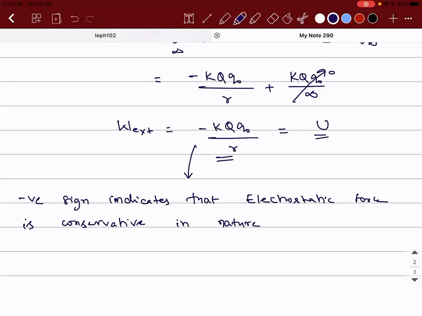Examples of conservative force: gravitational force and electrostatic force. Non-conservative forces are the ones which are resistive in nature. I can say friction, air drag, viscosity, all these things are non-conservative forces. Is that clear?